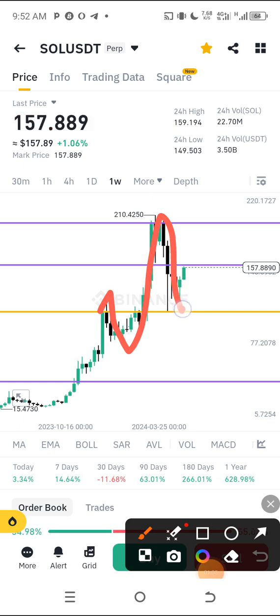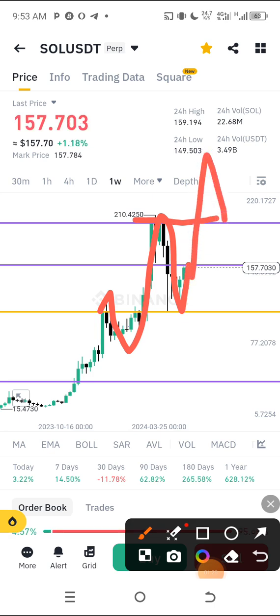Now the price is trying to move up, and if it moves up, the bullish trend is going to continue. It needs to rise above this higher high, so it will make a higher high and maybe a higher low, and then keep on going in that direction.